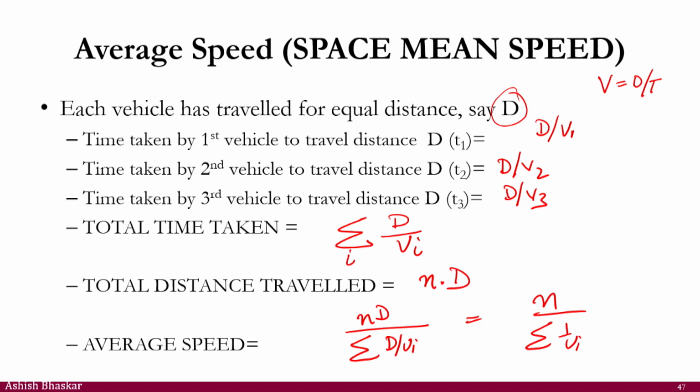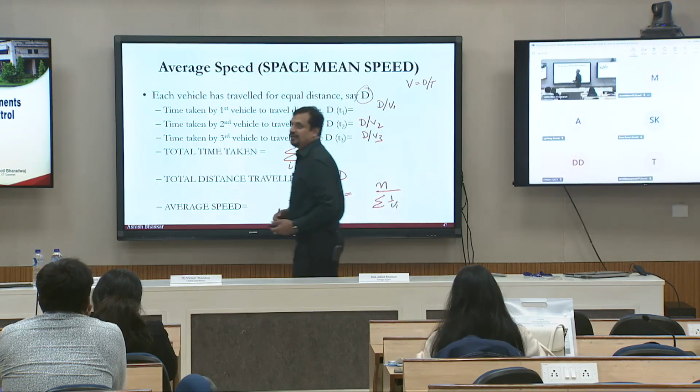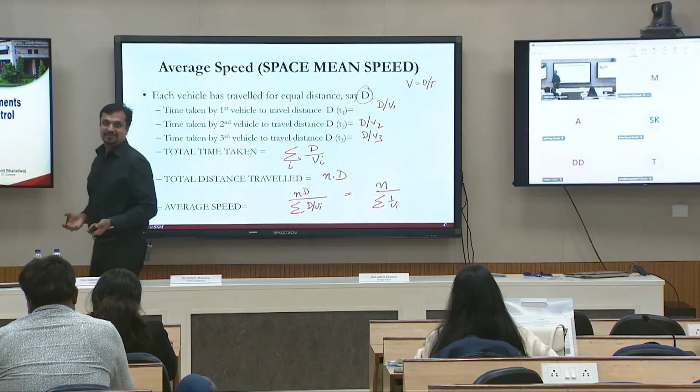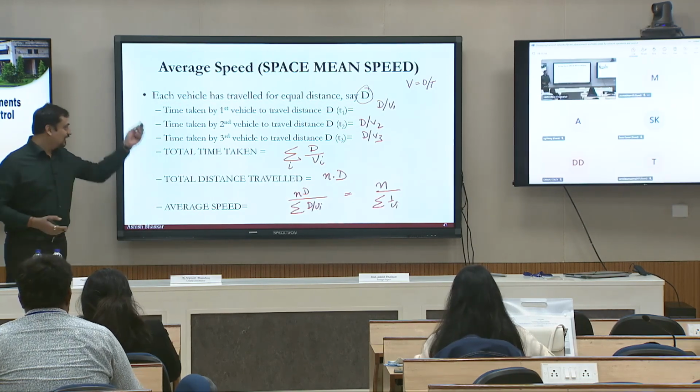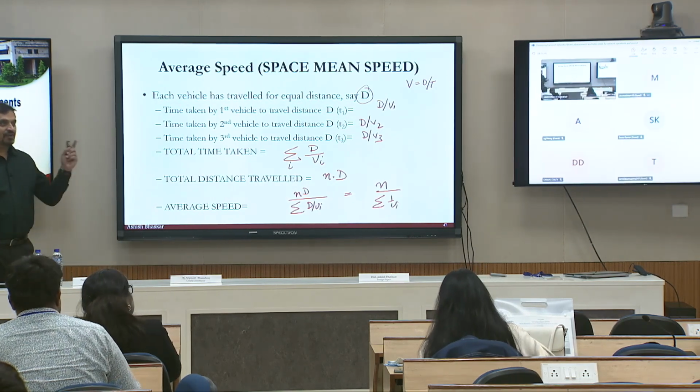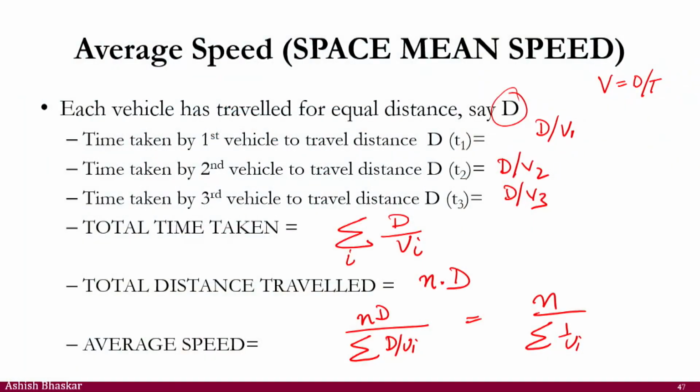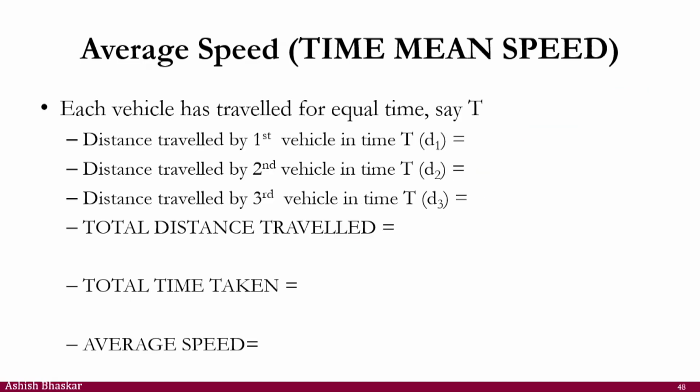So you might have heard that the space mean speed is the harmonic mean of the speeds, right? That's where it comes from. We have fixed the distance. Are you okay with this? Then the time mean speed. Apply the same concept. What do you get?